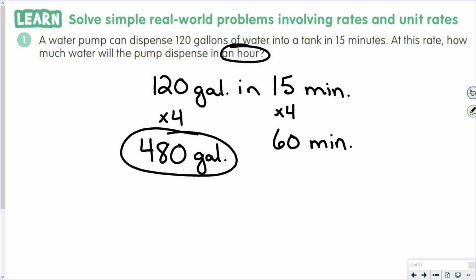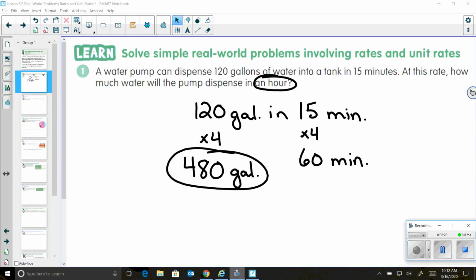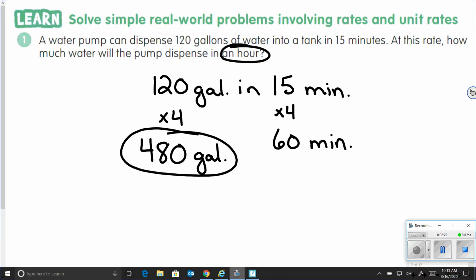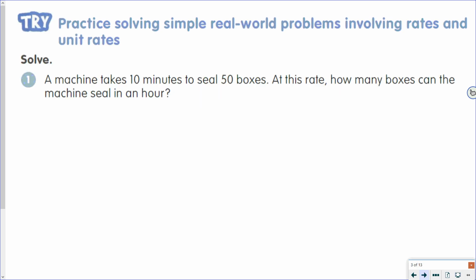And again, remember, with rates and unit rates, you are required to label. That's part of the work that you need to do. All right, so at this time, if you would please pause the video, work through the problem, and then resume when done.